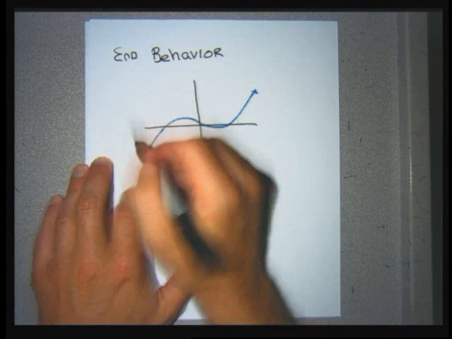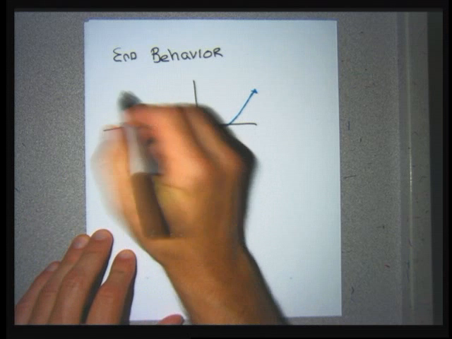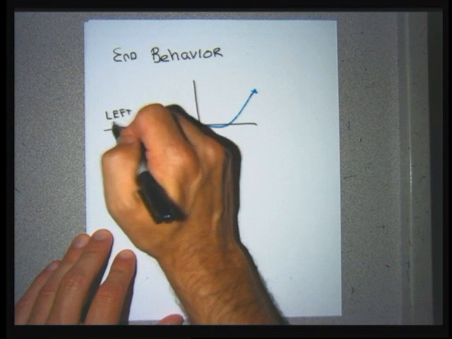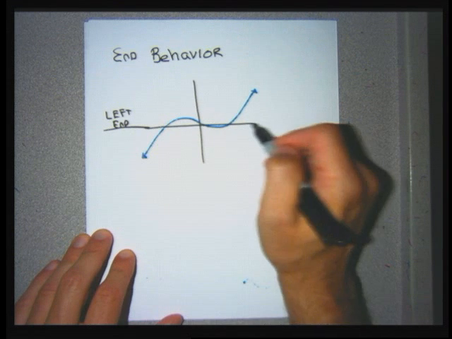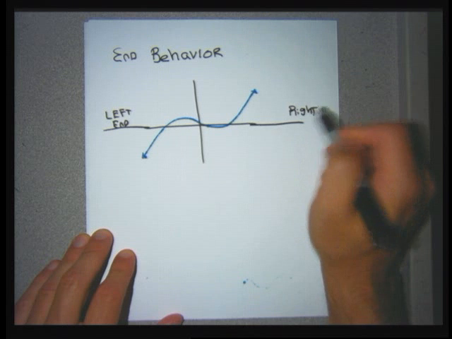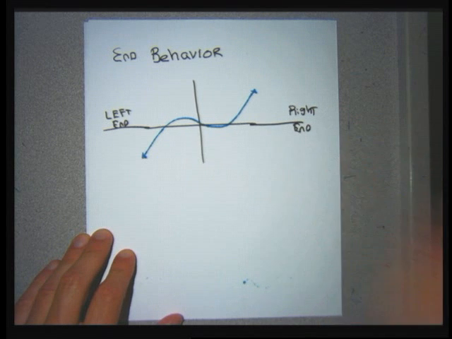I would call this going off to negative infinity in the x direction the left end, and going off to positive infinity in the right direction I'd call the right end.